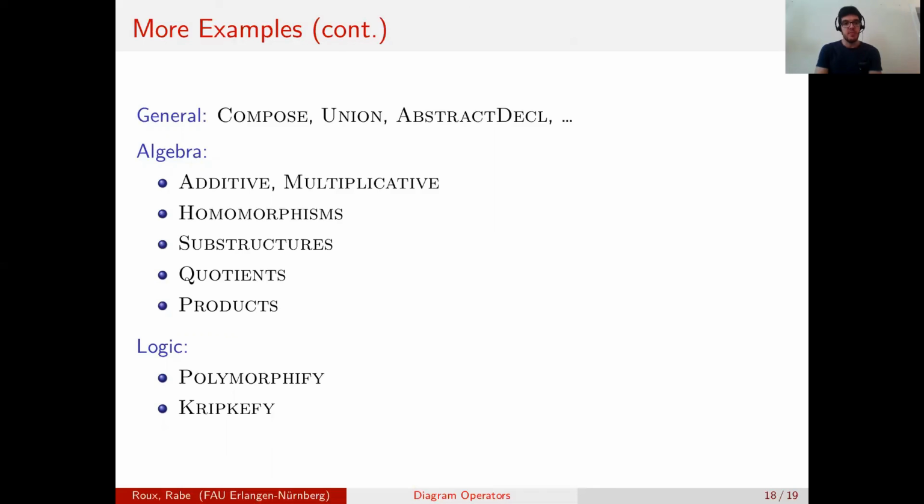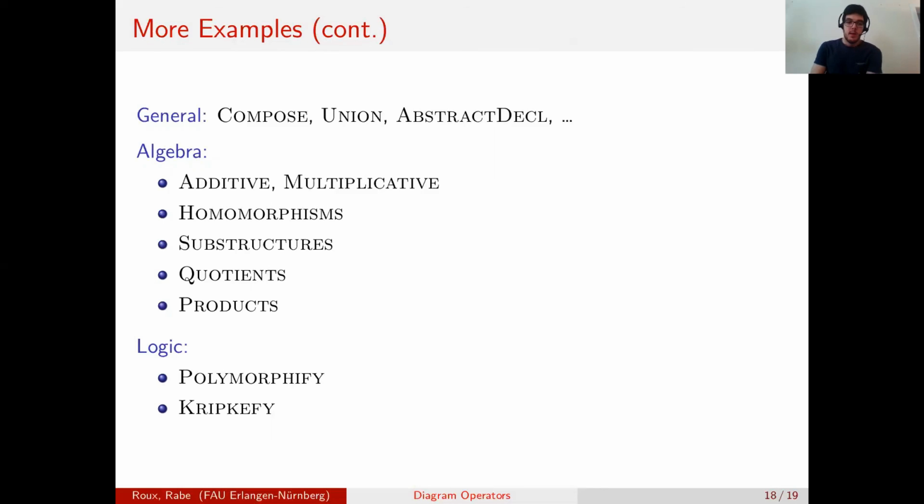Same for substructures, coefficients, products, and switching between additive and multiplicative notation. In logic, we had Church-Curry as presented, typify-full, polymorphify, which also does some fiddling, and cryptify, which also abstracts declarations over some world type.